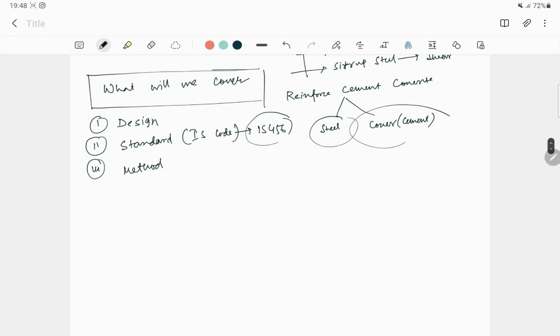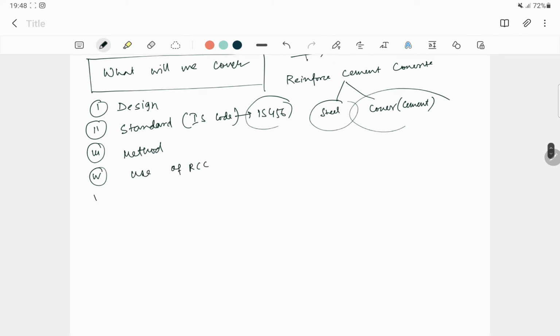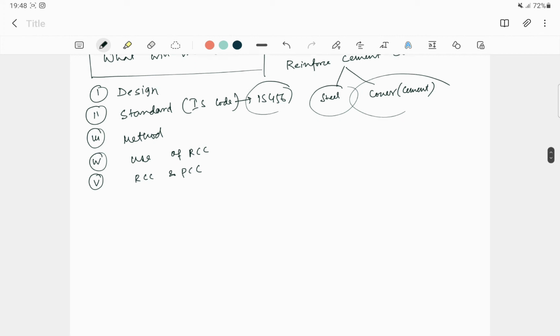Then we'll definitely cover the use of RCC and the difference between RCC and PCC. PCC is plain cement concrete. We'll talk further about this, and definitely examples.